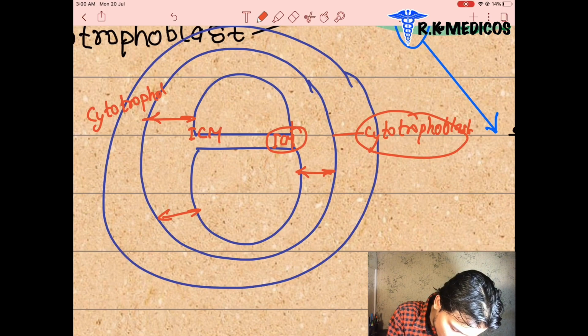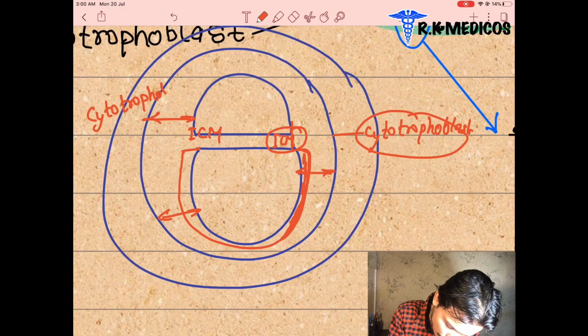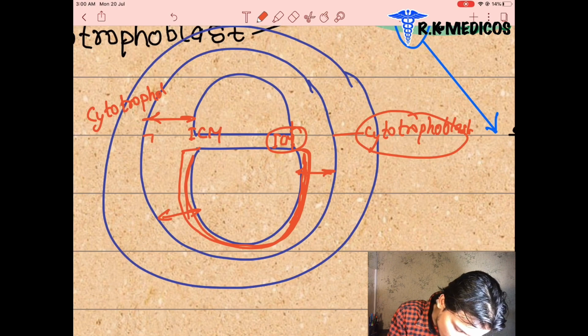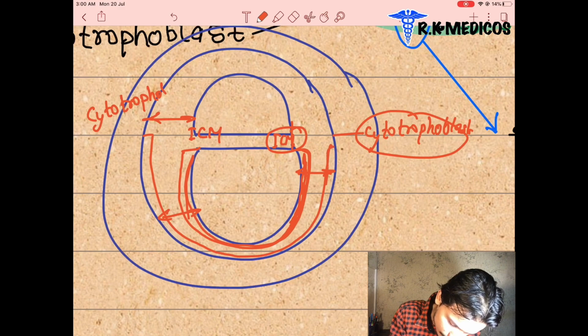This is forming two parts, one layer inside it throughout the exocoelomic membrane, and one layer with the cytotrophoblast, and in between them there is a cavity present. We can see it here.